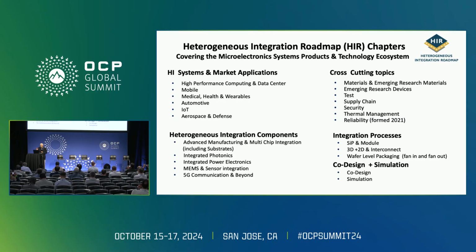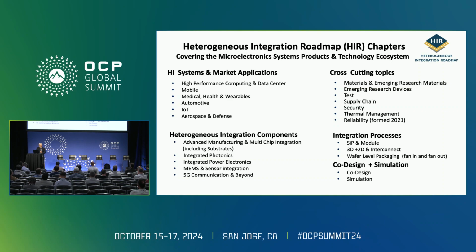Then we have three groups which people think about as advanced packaging. That is 2D and 3D and interconnect, SiP and modules, wafer level packaging, fan-in and fan-out, and of course, most important are the next two: co-design and simulation.